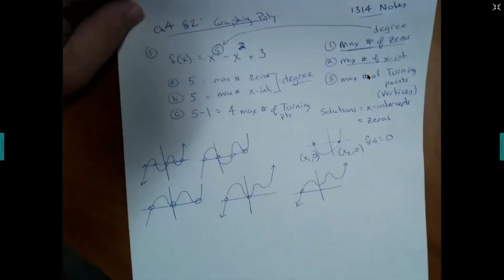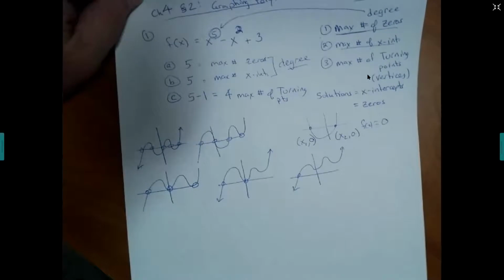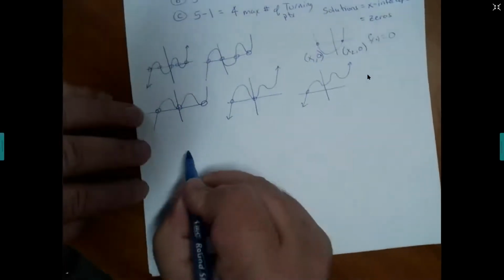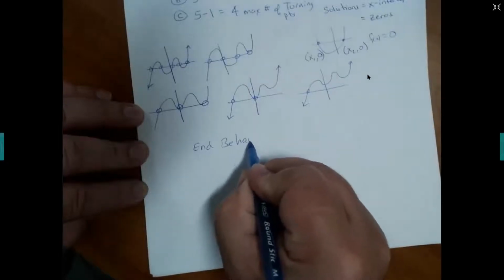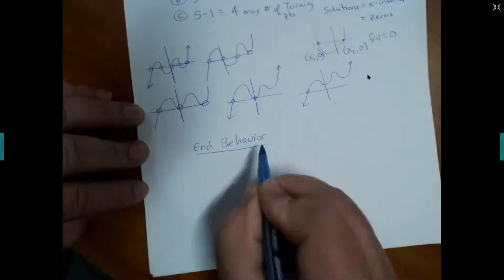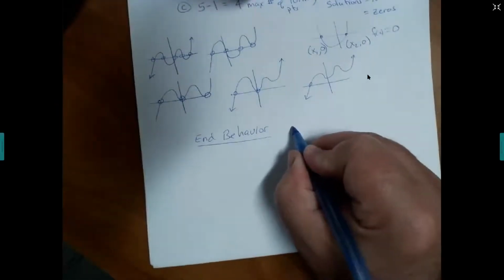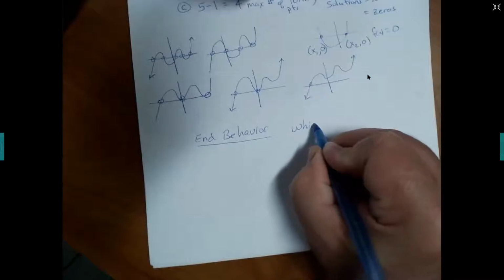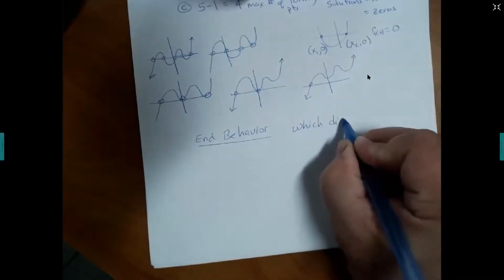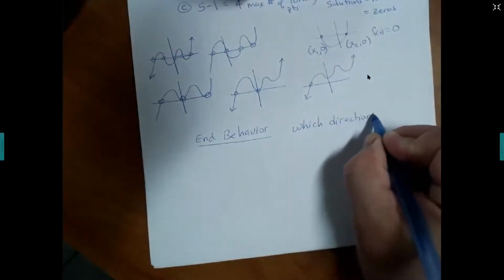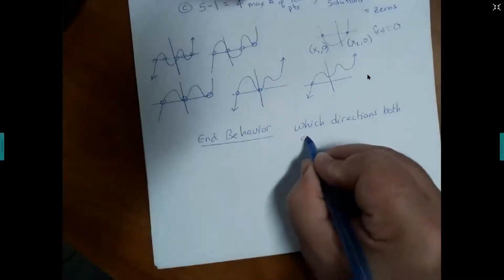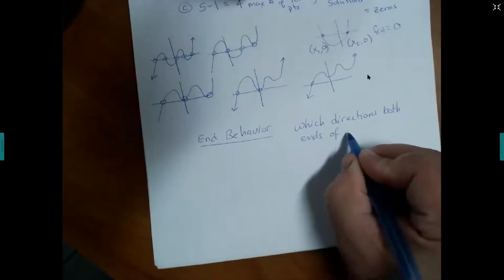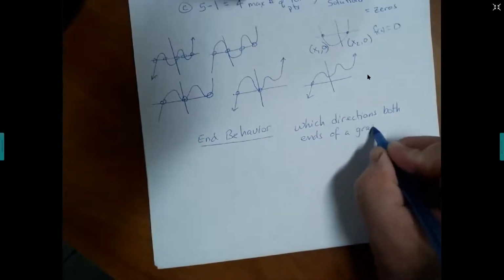Okay. Remember last time we also talked about end behavior of a graph. It talks about which directions both ends of a graph point.